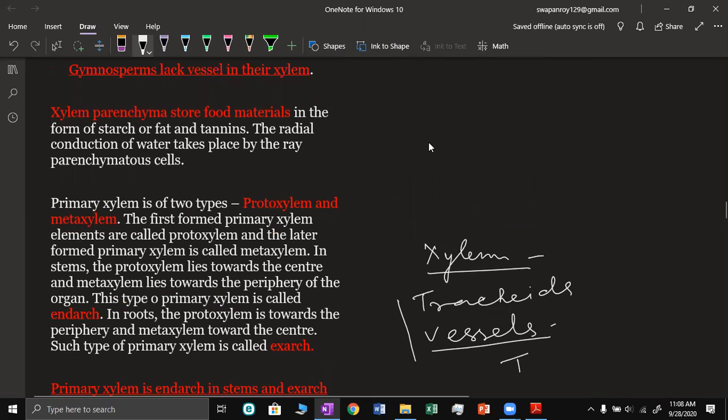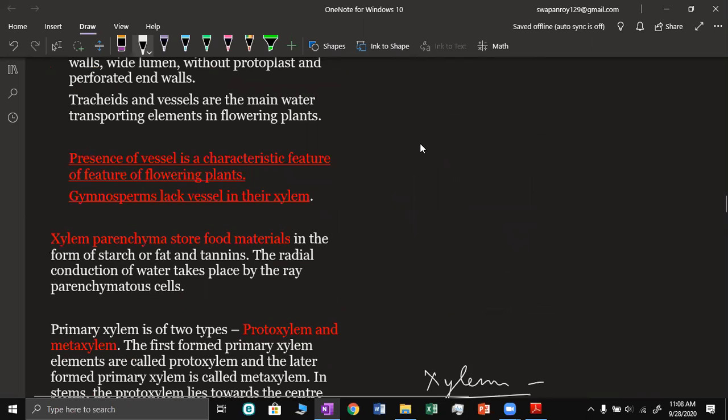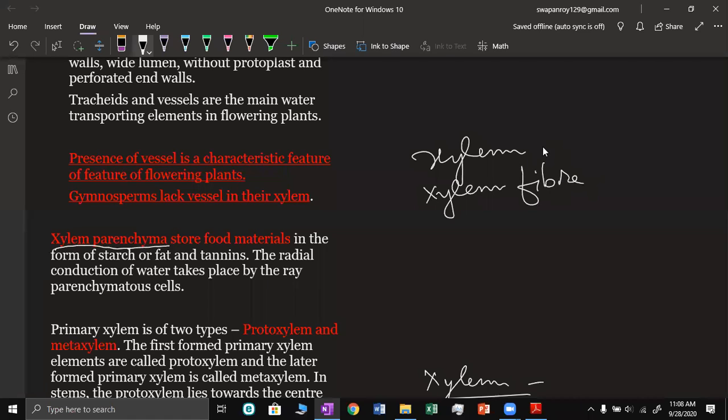Besides the tracheids and vessels, there is xylem parenchyma and also xylem fiber.